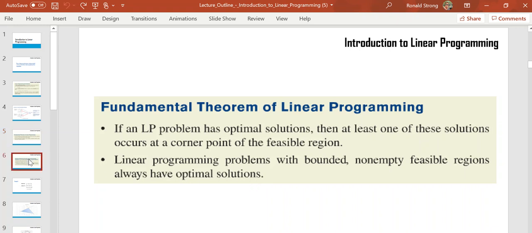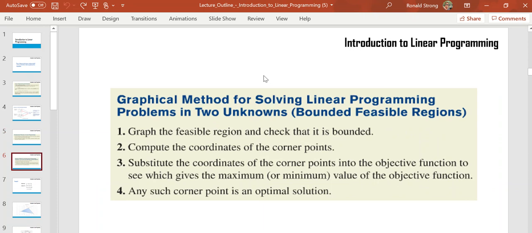In this particular lesson, we are going to be using the graphical method. So it's just like when you started out with linear equations. You start off with graphing them so you can visualize what's going on. Tomorrow, we're going to get into the simplex method, which is a more algebraic technique for doing the same thing, optimizing the LP problem.